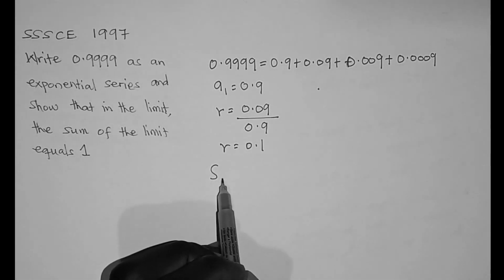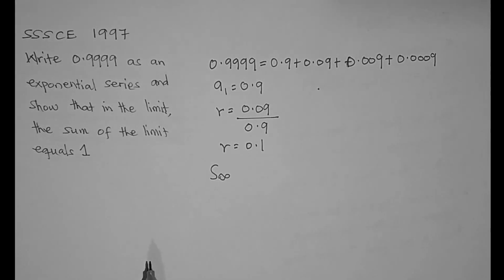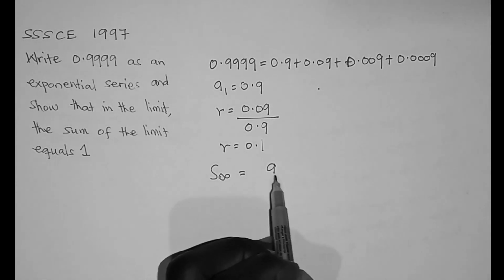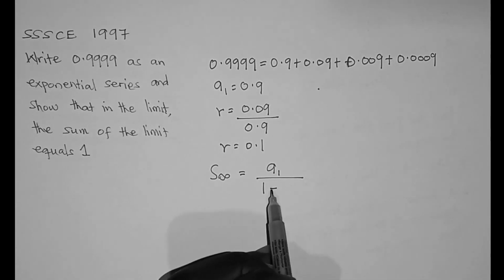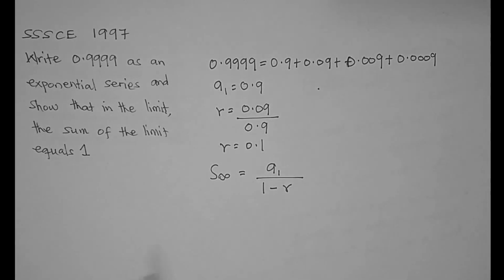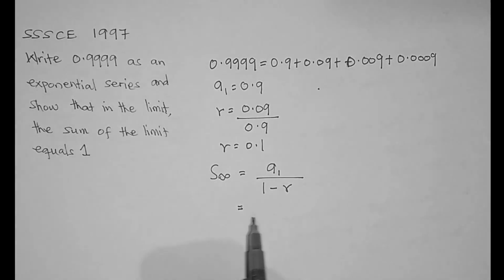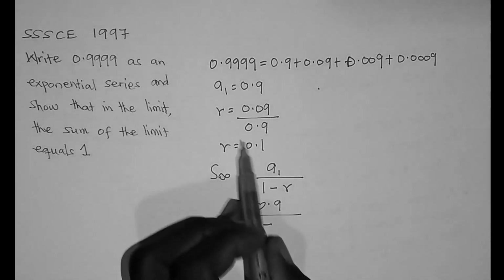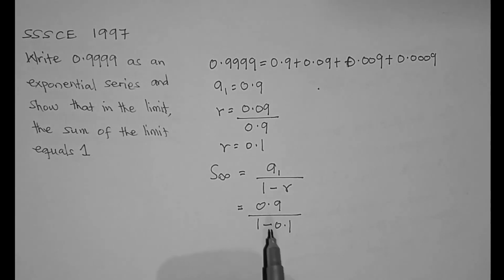So the formula for the sum to infinity of a geometric sequence is equal to the first term a1 divided by 1 minus the common ratio r. This is equal to a1, 0.9, divided by 1 minus r. R is 0.1, and this is equal to 0.9 divided by 1 minus 0.1, which is 0.9, and this is equal to 1.